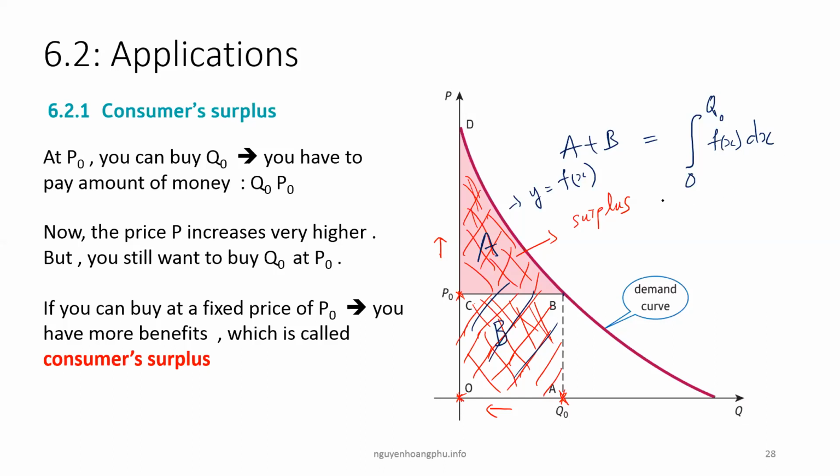Then A, the consumer surplus, will be equal to the integration from 0 to Q0 of f(x) dx minus B. B here is a rectangle, so it's going to be P0 multiplied by Q0.